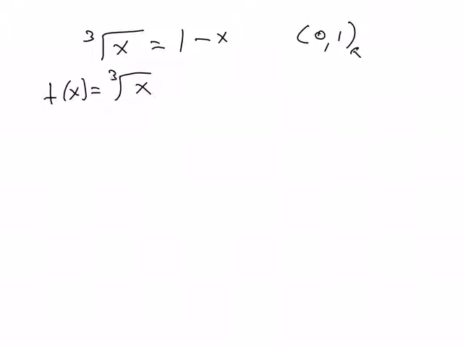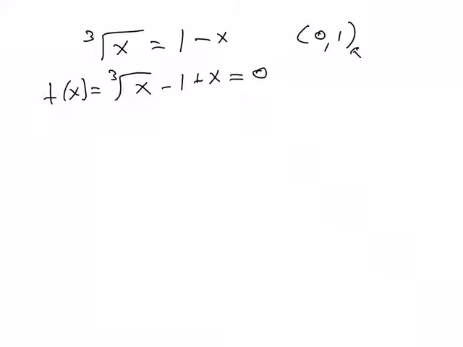So we want to show that x cubed is equal to 1 minus x in the interval 0, 1. So we want to show that there exists an x which satisfies this equation in this interval. Let's make f of x equal to x cubed minus 1 plus x, equal to 0.